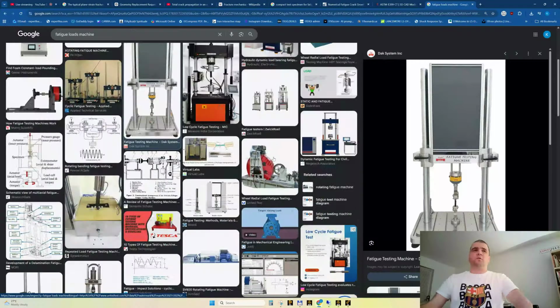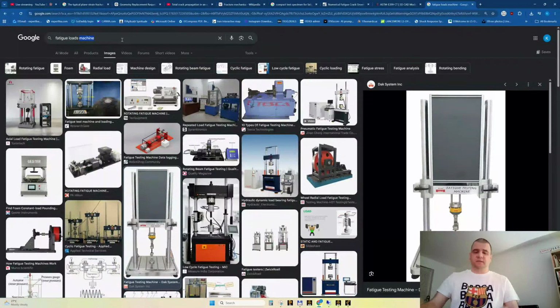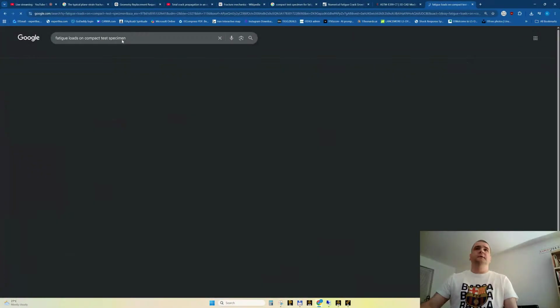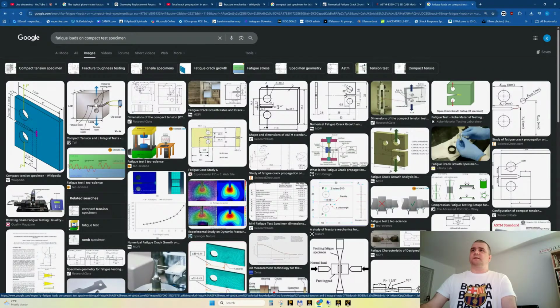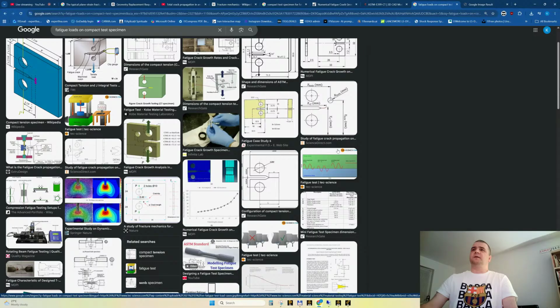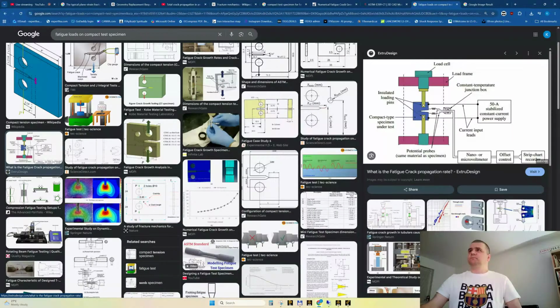And of course, let's see, fatigue loads on compact test specimen. Yes, so here you can see how it acts. Here is the apparatus, yes. Here the crack opening, I think, is measured. Compact type specimen under test.